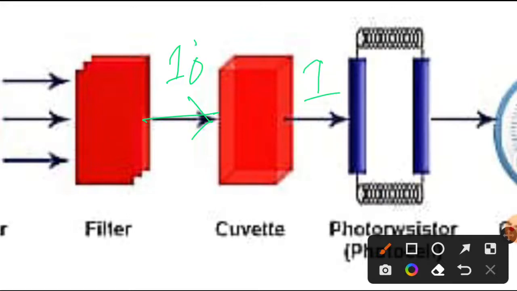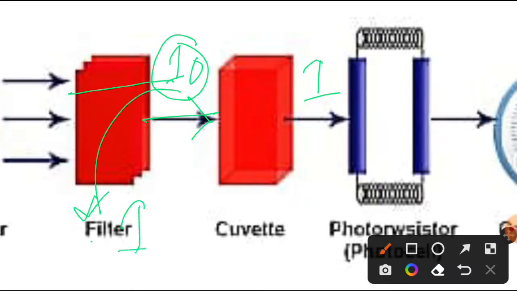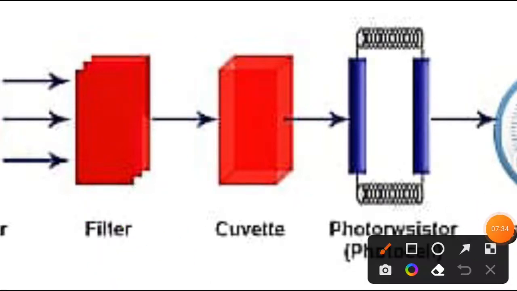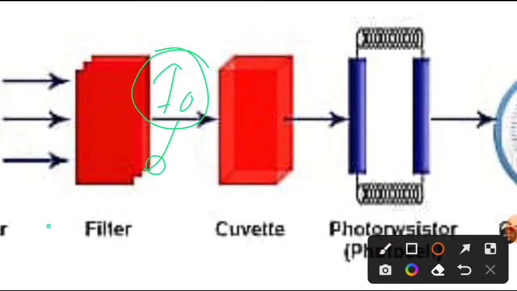Because it is the light which comes initially, I have used the symbol I0, that is the incident light. Remember this very carefully, because whenever you solve any Lambert-Beer mathematical problems, you have to take care of what is incident light and what is transmitted light. So this one is incident light. Okay, clear?